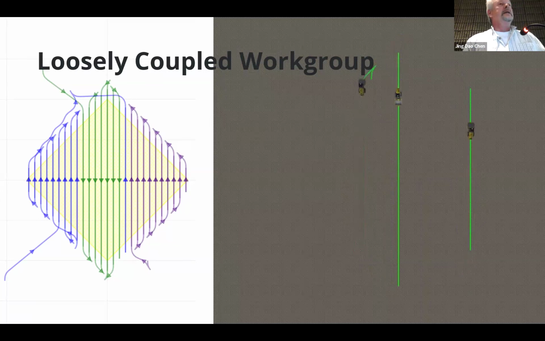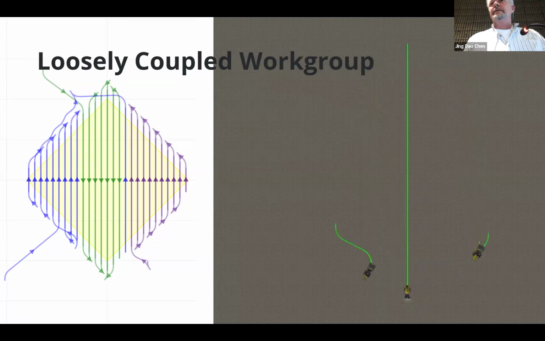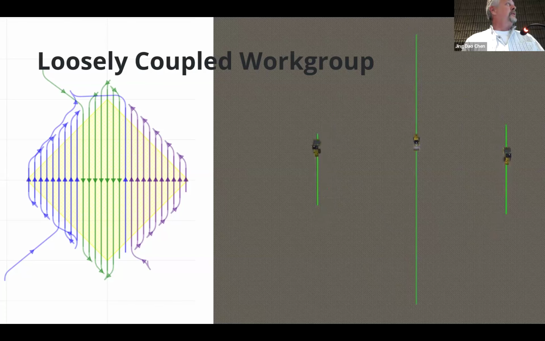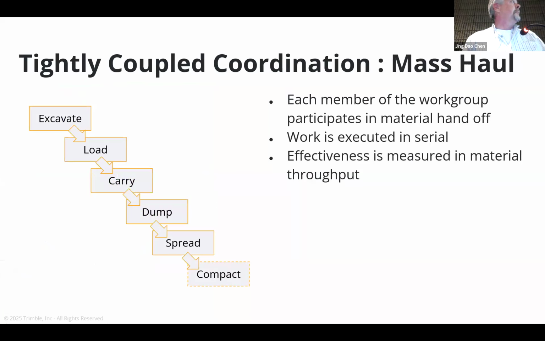Each vehicle is working independently, as long as they don't intersect and collide, and they can parallelize the task. You can do this a lot in heavy civil, when you bring in more than one vehicle in the same space. In agriculture, you won't necessarily see as much of this type of loosely coupled work group. Instead, you'll see more tightly coupled work groups.